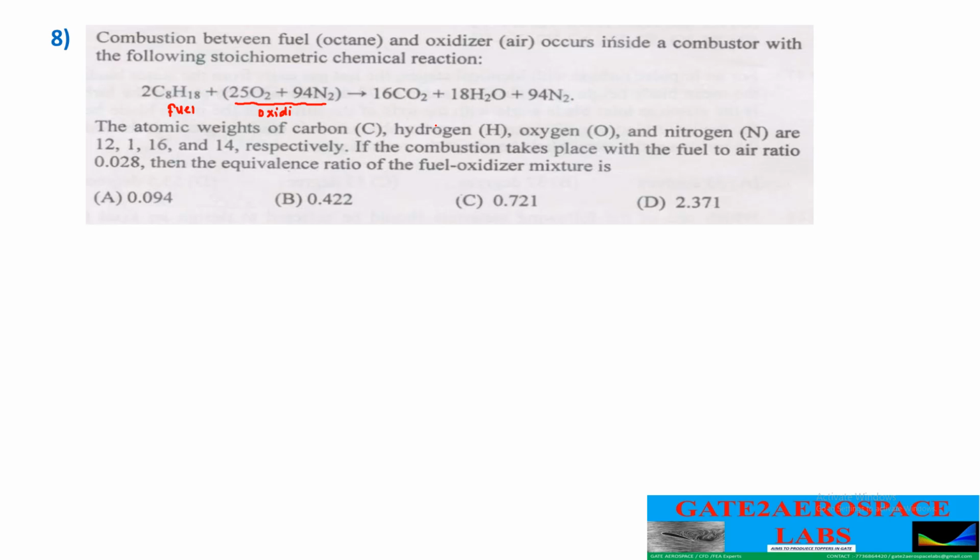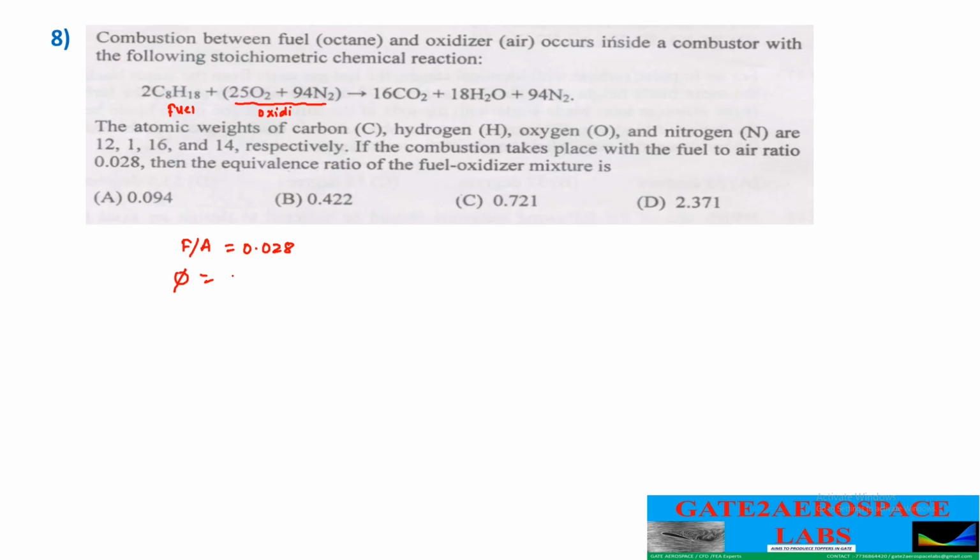The mass of each element is given to us. Then what they are asking is that, it is told in this question that we are using a fuel to air ratio of 0.028. Then they are asking us to find the equivalence ratio.